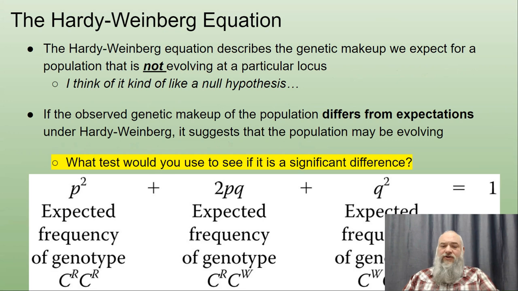So if we do this equation and what we see is different than what we expect according to this equation, then it might point to, hey, there's evolution going on at this locus, for this gene. Now, that begs the question for you guys, what test would we use to see if that difference that we're seeing is a significant difference?